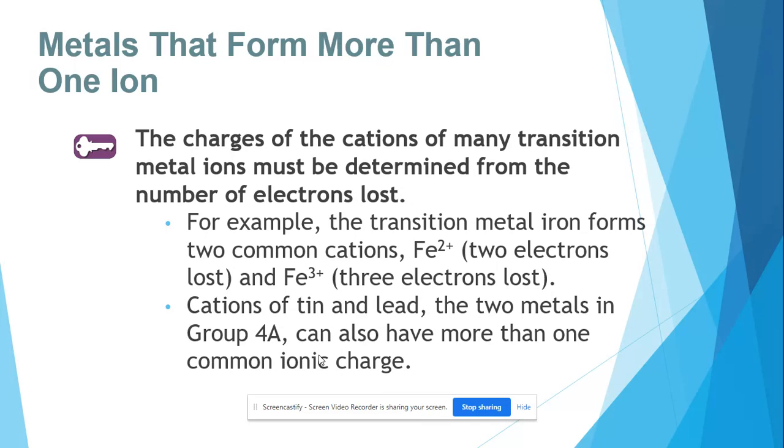Iron can have a 2 plus charge if it lost 2 electrons and a 3 plus charge if it lost 3 electrons. Other cations like tin and lead, which belong to group 4A, can also have more than one common charge. Typically, tin and lead can either have a 2 plus or a 4 plus charge.